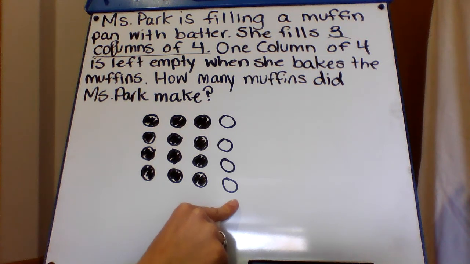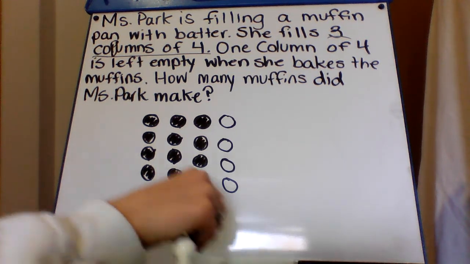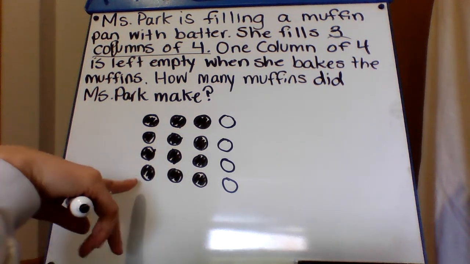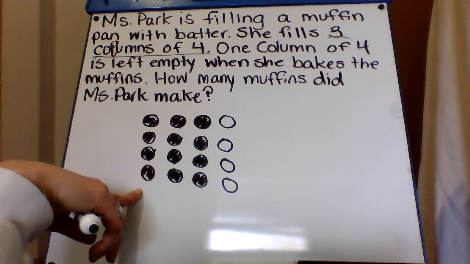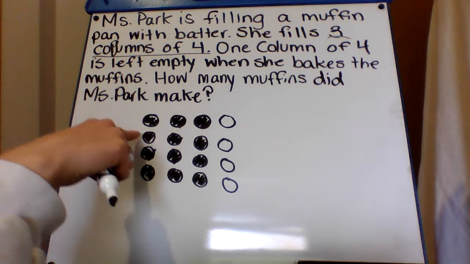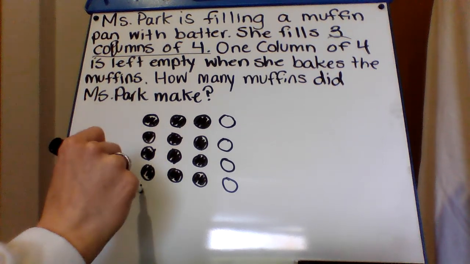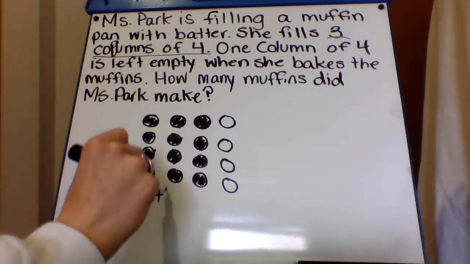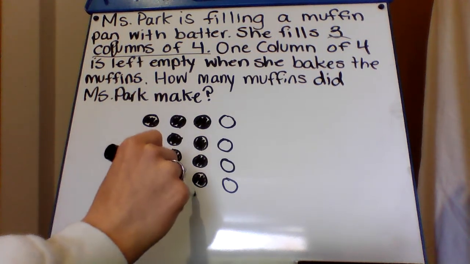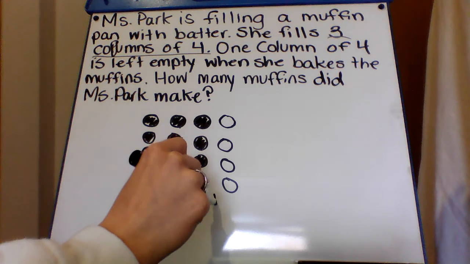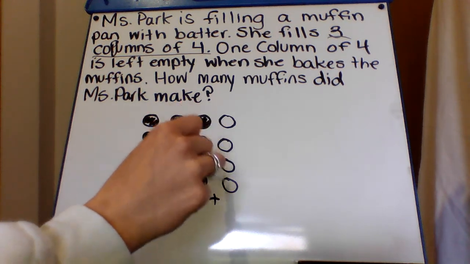So that still should be drawn to show your array. Now it says, how many muffins did Miss Park make? Well, let's see. We know that the colored in circles are the muffins that she made. So I have 1, 2, 3, 4 in this column, plus another 1, 2, 3, 4, plus another 4, plus, is there anything in this column?